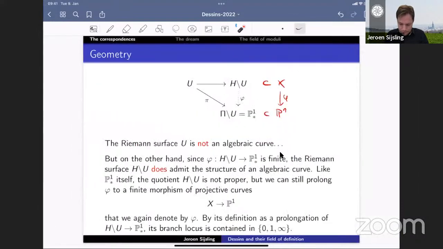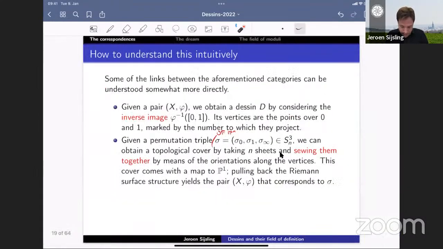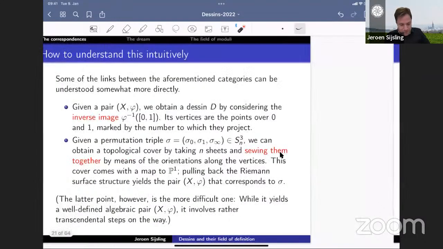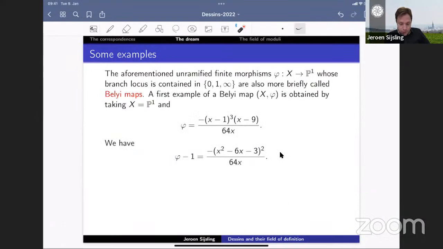Remember, we completed everything. So you get this dictionary, and that works. But that just sweeps things under the rug because you do quite transcendental things. I say you lift the complex structure, but how does that really go? That's theoretically true, but to actually do this is another matter. But that is how you can think of it.